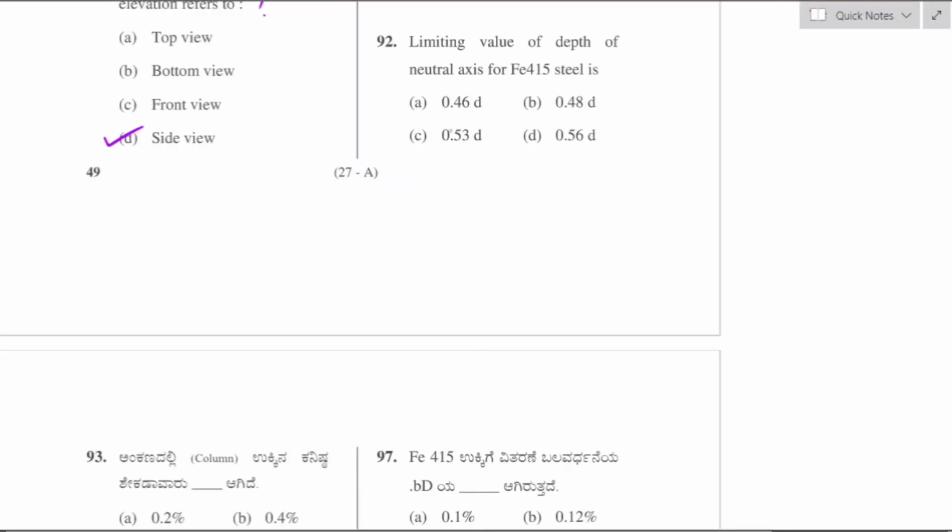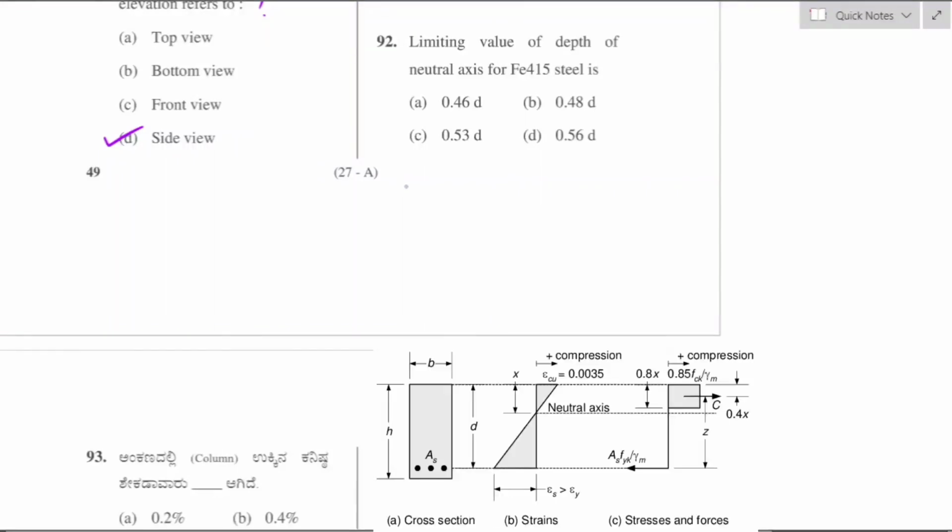Question number 92. Limiting value of the depth of neutral axis for Fe415 steel is. As per IS 456-2000, the ratio of limiting depth of neutral axis divided by depth of the beam is equal to 0.0035 divided by 0.0055 plus 0.87 times the grade of steel divided by modulus of elasticity.